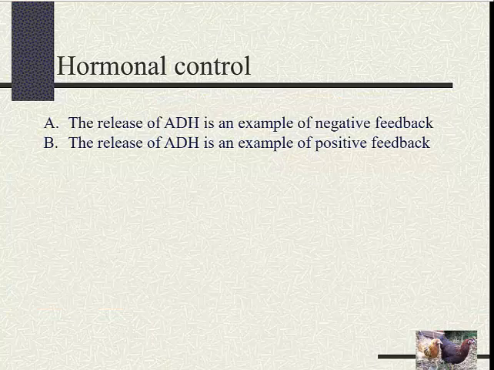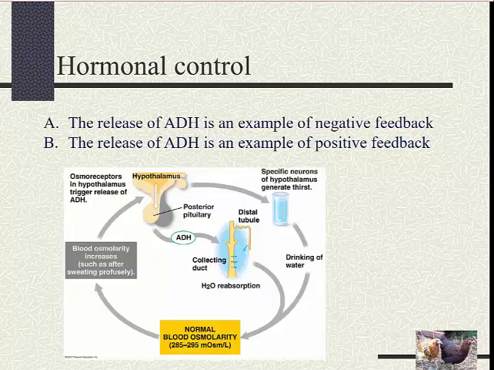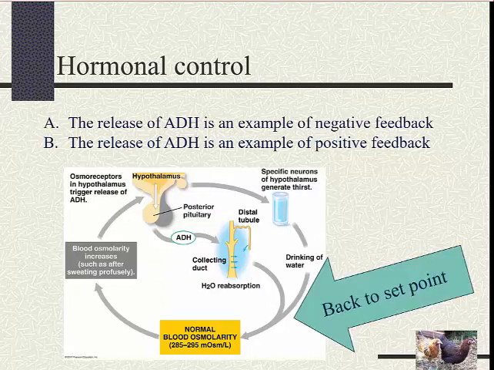In this question, I'm asking you whether the release of ADH is an example of negative or of positive feedback. And I hope that all of you remember that, of course, it is negative feedback, because we are bringing blood osmolarity back to set point.